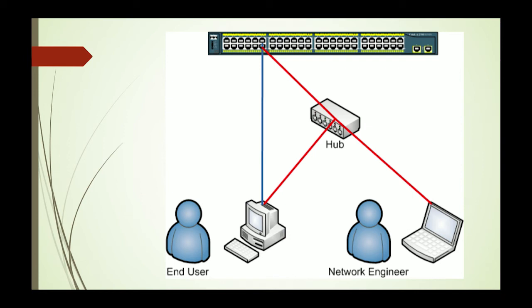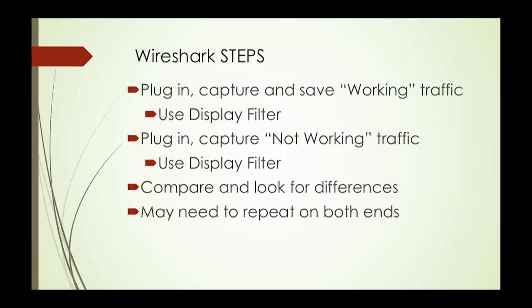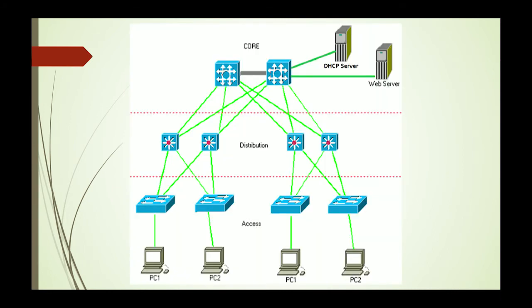You can unplug that blue line, plug in a hub where that's supposed to be, plug the user into the hub and yourself into the hub, and then all of a sudden you're seeing all that traffic, which is cool. So basically the flow is you capture some working traffic, so you know what that looks like. You plug in, you capture the non-working traffic, you compare and look for the differences. You may need to repeat it on both ends.